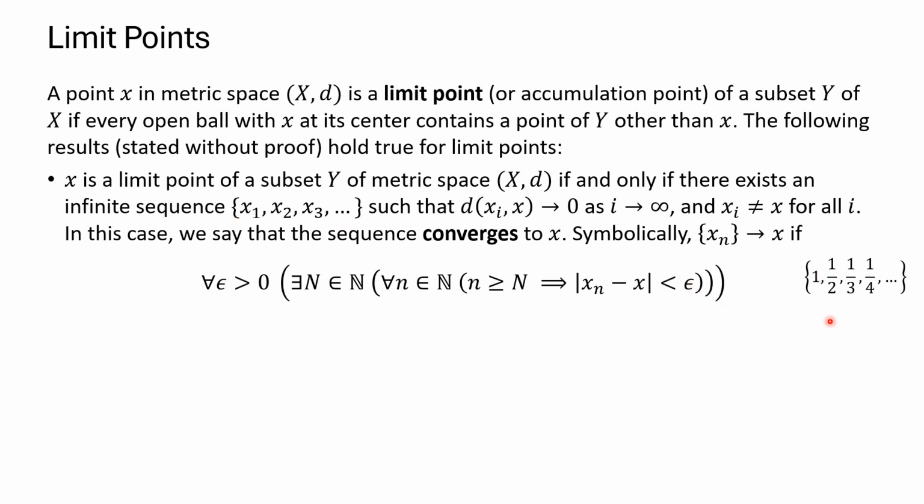Since there's no sequence in here that's approaching 1, 1/2, 1/3, 1/4, none of the elements in the sequence are limit points. They are adherent to this set. 1 is adherent to this set because it's in the set. Remember, when we defined adherent, we said that the set of adherent points are all members of the set itself.